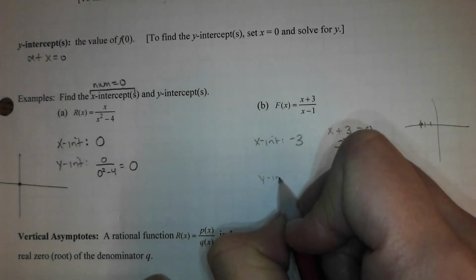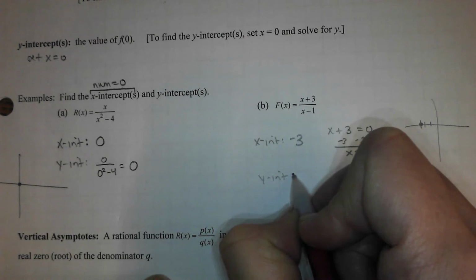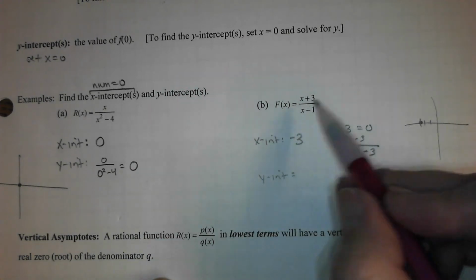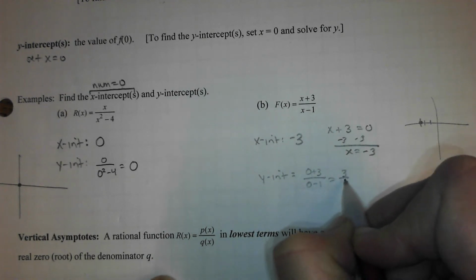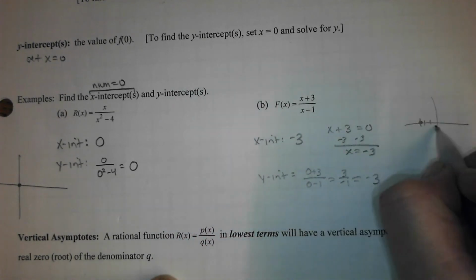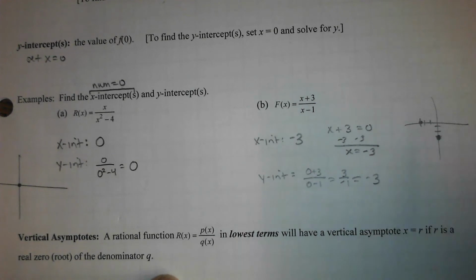And the y-intercept would be whenever x is 0, so 0 plus 3 over 0 minus 1, so 3 over -1, -3. That's very little information for the whole shape of the graph, but critical points that, when you're graphing, need to be accurate.